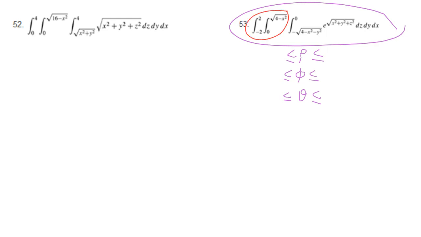So the last one, theta, we just solved this example from -2 to 2, and the arc with the y-axis, so theta from 0 to pi. Now what about phi and rho?